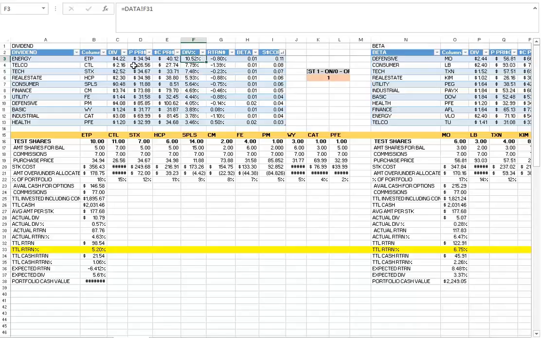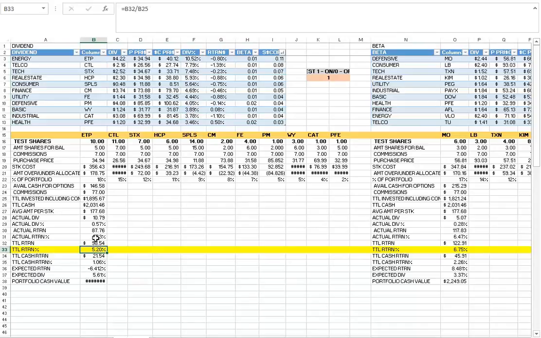What that simply means is if you own this stock and this stock only, and you don't buy or sell anything, this stock will give you a 10% return on your money. The next stock you see here is a telco. We have tech. We have real estate. And these are all the highest paying dividend stocks. Now, what we have highlighted here is the total return for these portfolios.